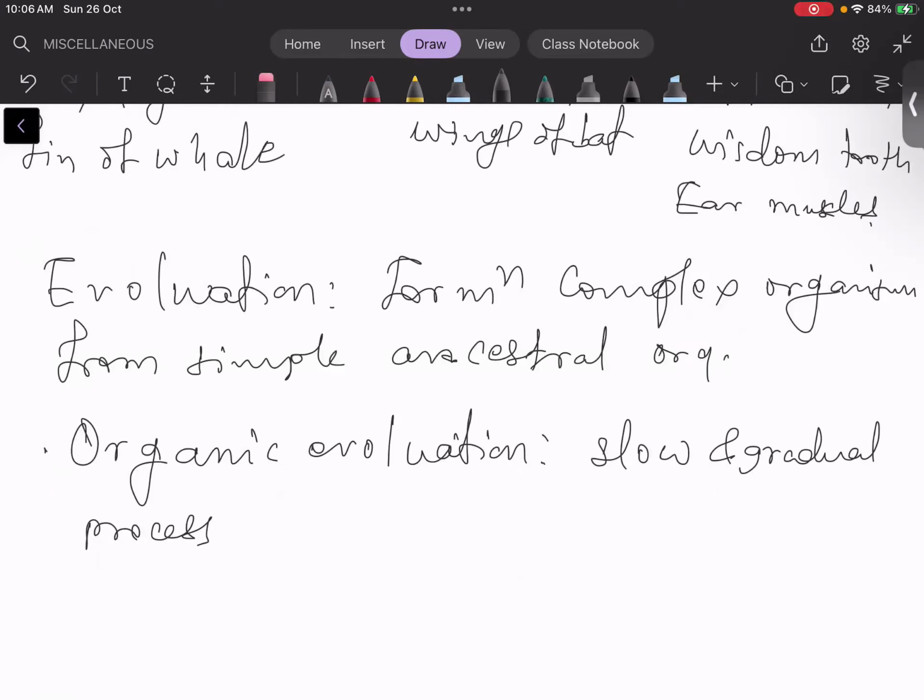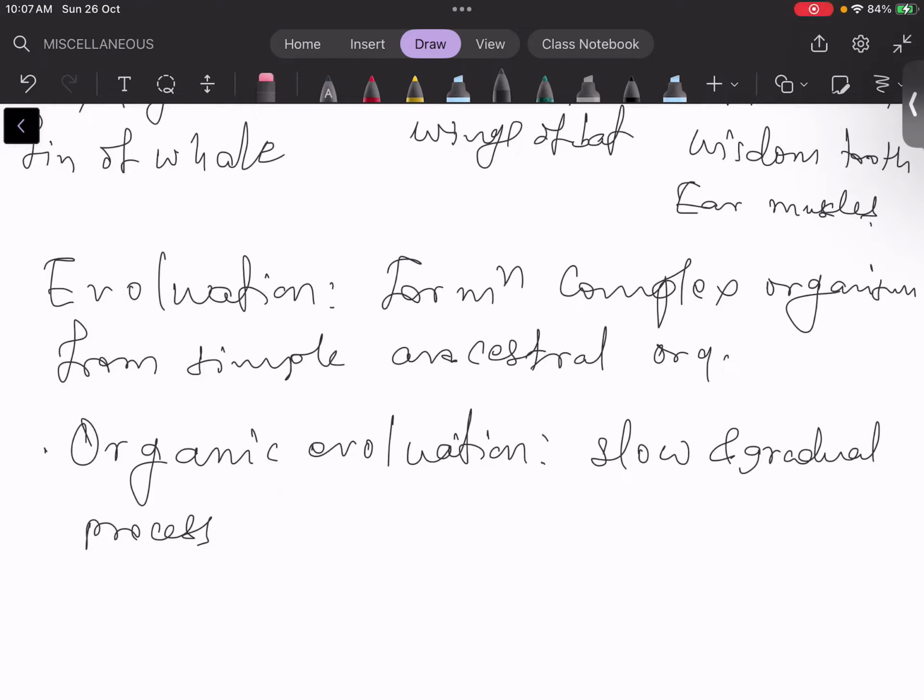Okay. Then, already we talked about evolution. There is chemical evolution, which includes inorganic molecules. Inorganic molecules are converted into simple organic molecules, and simple organic molecules are converted into complex organic molecules. Then coacervates, then protobionts, then progenotes.